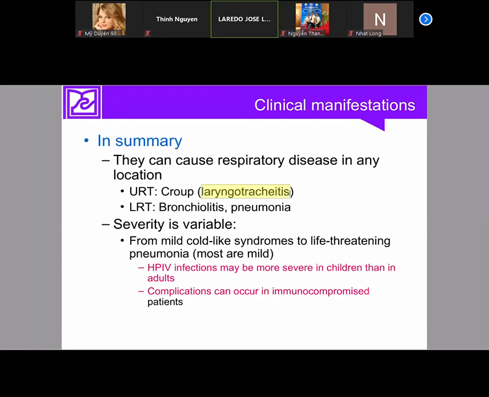In English, this is called croup. The medical name is laryngotracheitis, an upper respiratory tract infection, usually mild. However, when these infections appear at the lower respiratory tract, they may become more severe. The most severe is pneumonia or bronchiolitis.